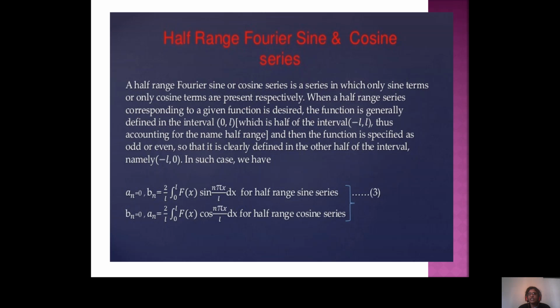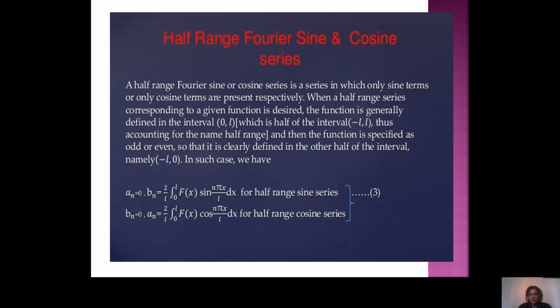So the function is specified as odd or even, so it is clearly defined on the other half of the interval, namely minus L to 0. So one interval is 0 to L, another interval is minus L to 0. The half range Fourier series is a series with only sine terms or only cosine terms.